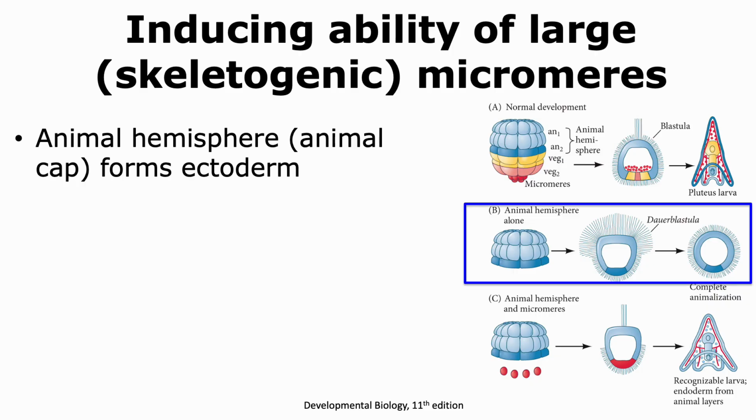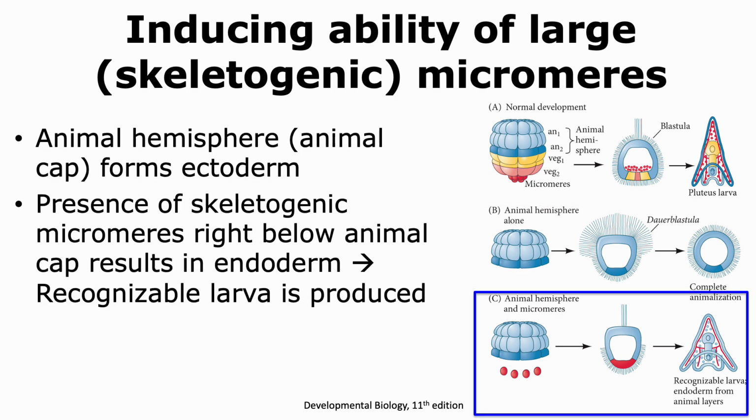Now, if we take this animal hemisphere alone and allow it to develop, we don't see a structure that resembles the larvae in any shape or form. However, to this animal hemisphere, if we add the micromeres, which is the skeletogenic micromeres or those large micromeres, and if we position them right below that animal cap, the animal cap that is supposed to form the ectoderm will actually start forming the endoderm and also the mesoderm.